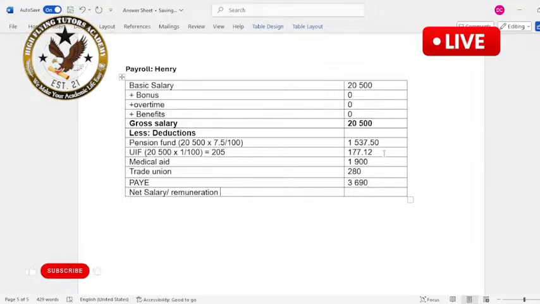Let's do it quickly. It's 1,537.50 plus 177.12 plus 1,900 plus 280 plus 3,690. How much are your deductions right there? Put them in brackets quickly. As I'm waiting for the answer on the chat, let's do so.